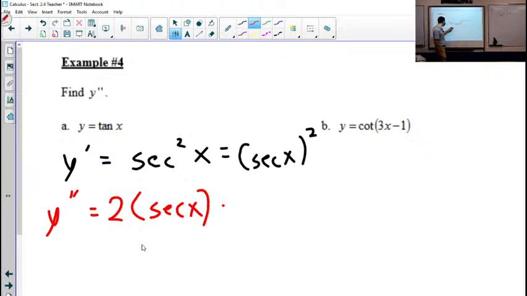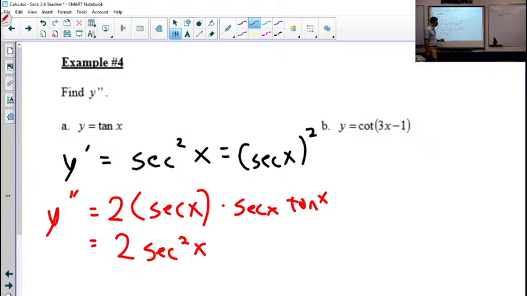Derivative of secant x is going to be secant x tangent x. And so I'm going to simplify that a little bit. I have a secant x times secant x, so I have a secant squared of x. And then times tangent x.